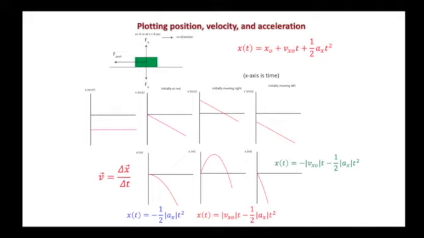And below here are just the position plots that correlate to each one of these velocity charts, where if it was stopped and then applied the force, we're at 0 and then moved backwards increasingly quickly. If we were moving to the right and then applied the force to the left, we are moving forward. So this is increasing my x coordinate, moving forward, but then slows down and stops. So now the slope is 0.